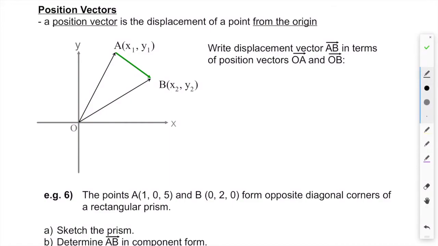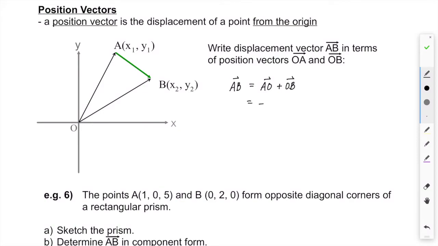So what are we asked to do here? We want to write a displacement vector AB in terms of position vectors OA and OB. Looking at the diagram that I have here, I know that the starting point of vector AB is actually the point A. So I can say that AB is equal to AO plus OB.